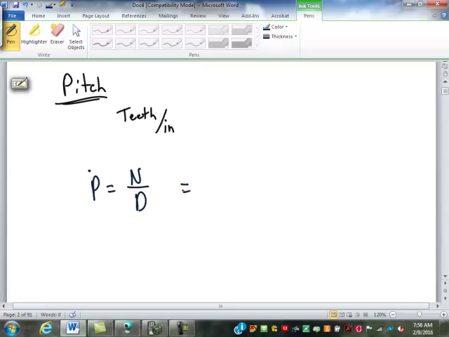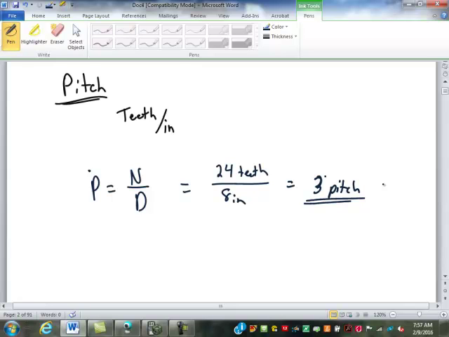So if you have a gear that has 24 teeth and an 8-inch pitch diameter, that is 24 over 8, or a 3 pitch gear. Again, that describes the spacing between teeth, how far apart the teeth are.